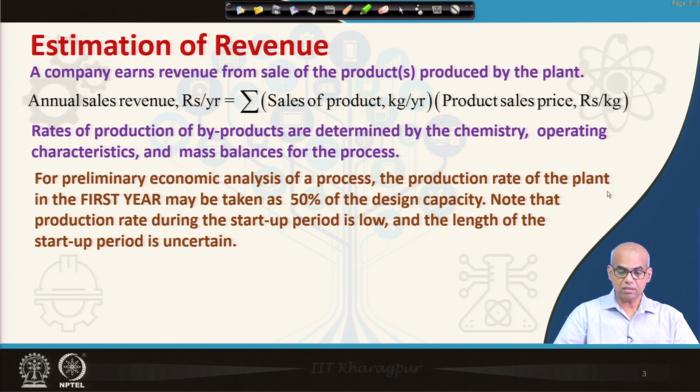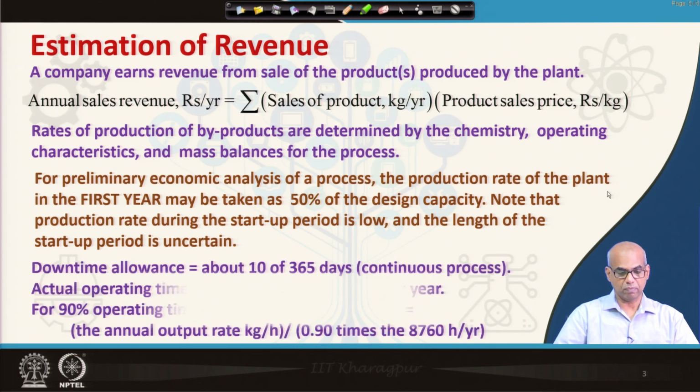So, in the first year, it is advised that you consider 50% of the design capacity. Second year onwards, you may consider that the plant will be running in full design capacity.